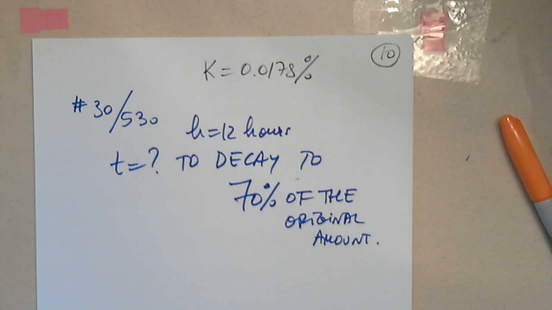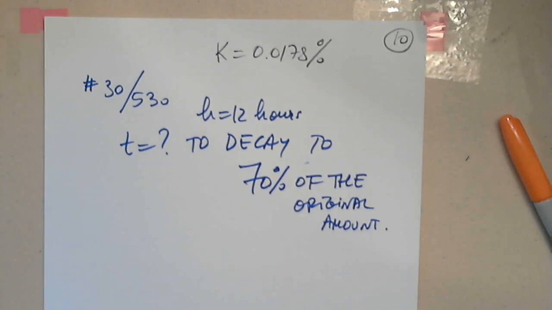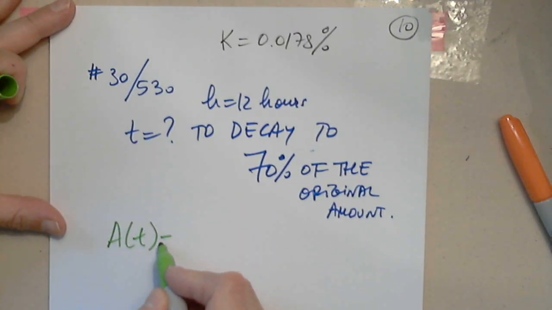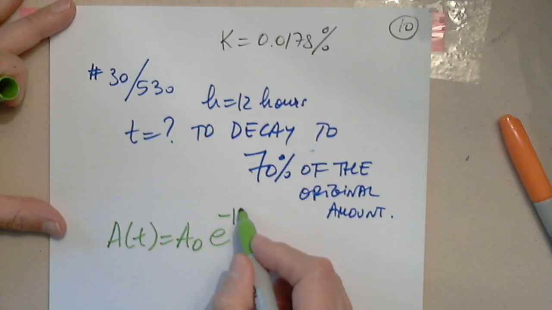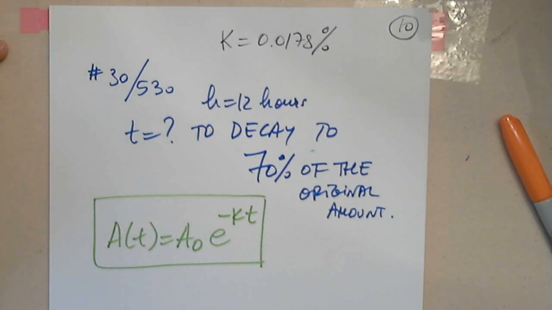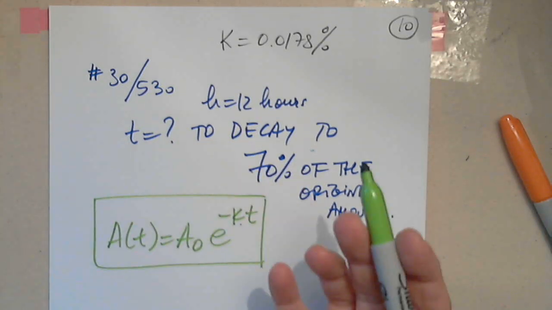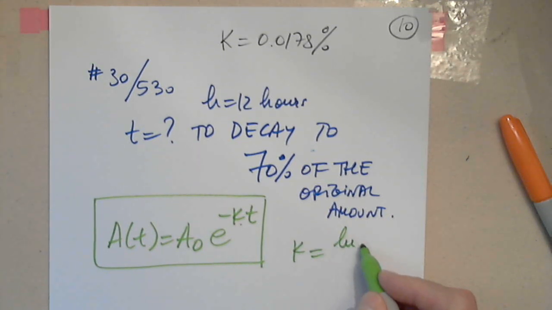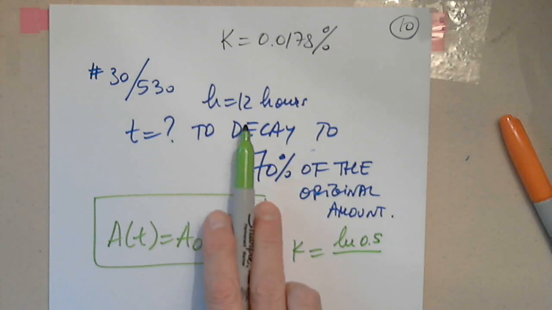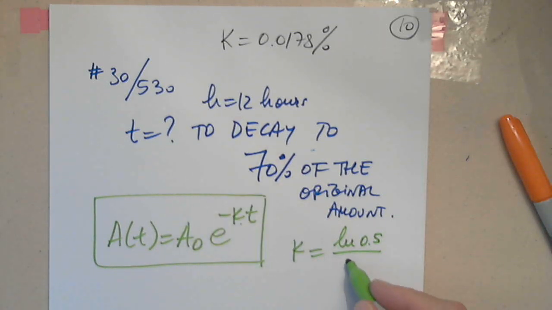Now, we can determine K with the formula. I don't like to use that formula, but it's up to you. I have to write the model for the radioactive decay, and I have to determine K first. So we just discovered that K equals the natural log of 0.5 divided by H, which is 12.